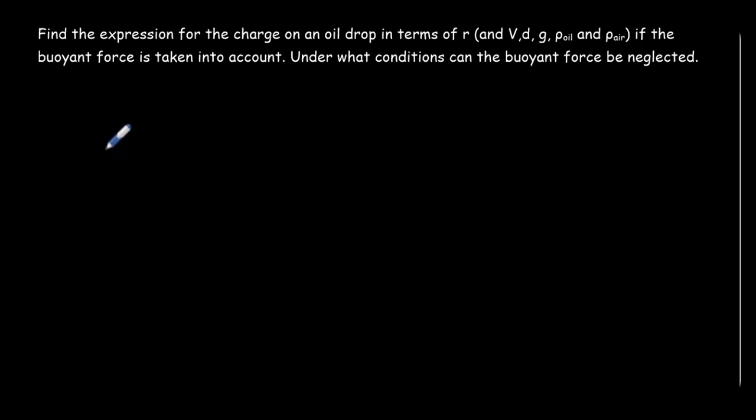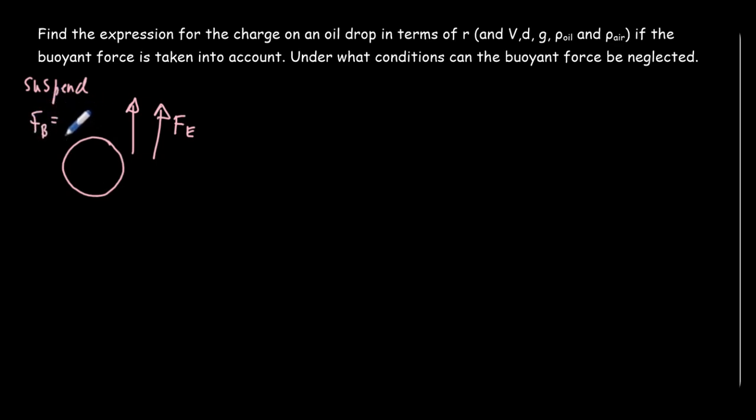So let's begin with our free body diagram. We're going to suspend the drop. So we're going to have an electric force pushing upwards. We're going to have this buoyant force. The buoyant force is given by the weight of the fluid displaced.